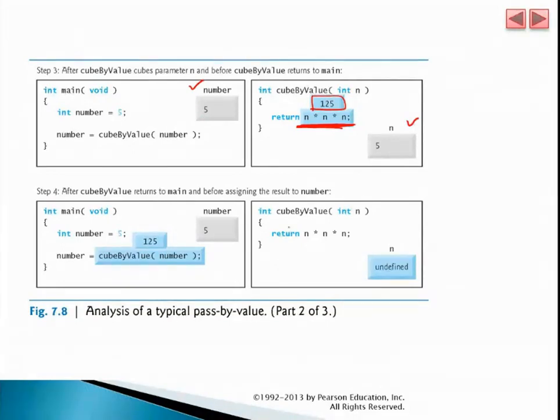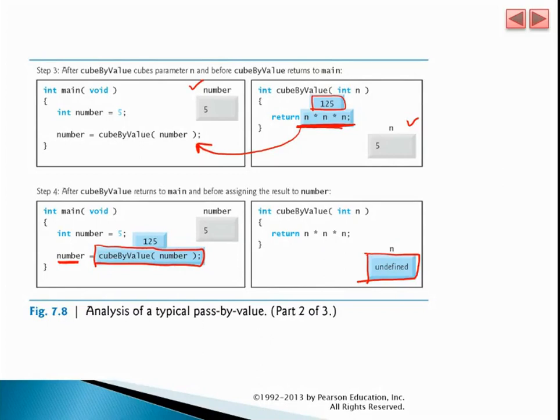Once we execute this return and the function returns back to this location, what will happen? The value of this entire expression will become 125, which will get assigned to number. Okay, and at that point, when the control is returned, you can see n again becomes undefined, right? Because we have returned from the function.